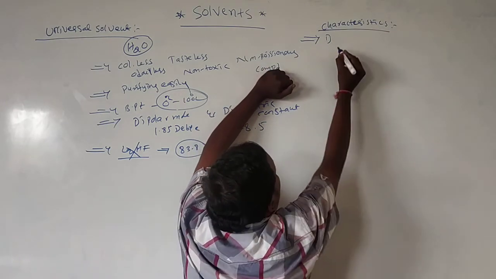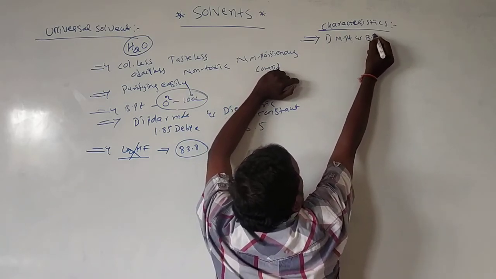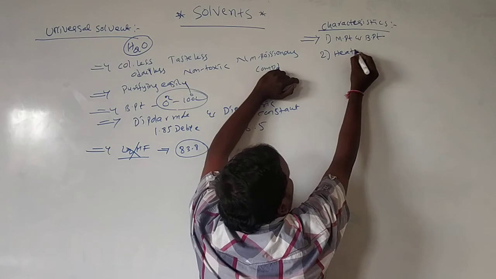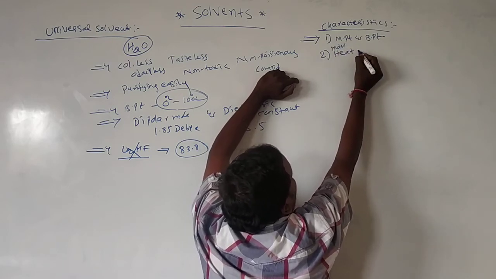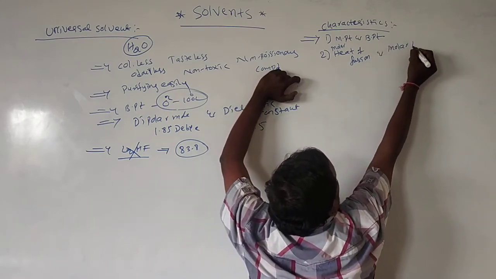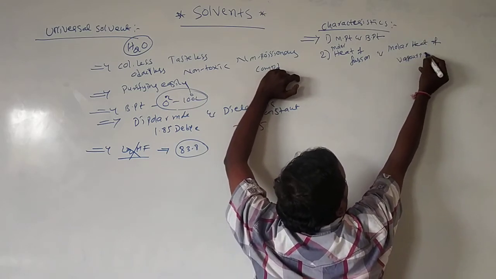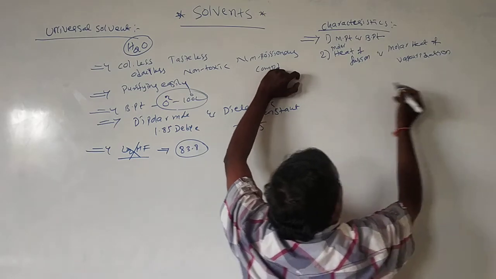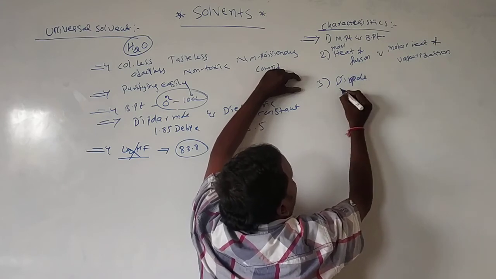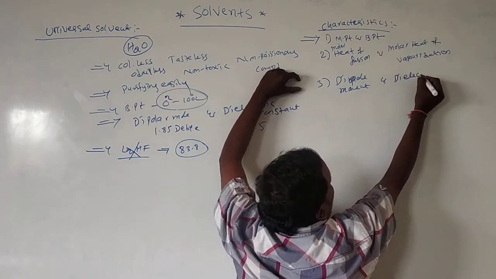Characteristics of solvents. Every solvent should maintain a range of melting point and boiling point. First characteristic, molar heat of fusion, molar heat of vaporization, dipole moment value, and dielectric constant value.